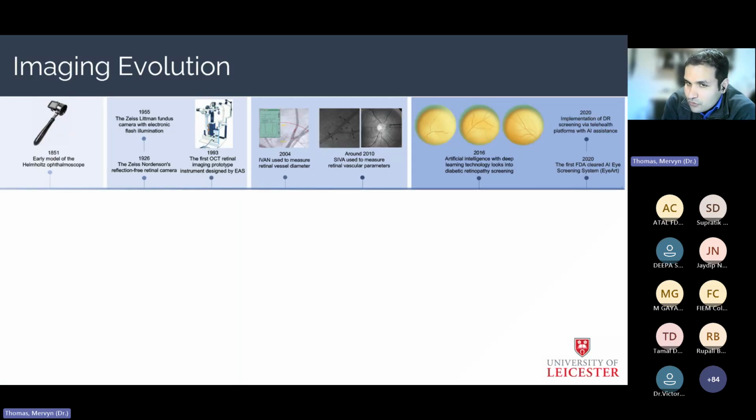And then it was really only in 2004 that we started to do measurements of this vasculature, measuring the vascular thickness, the vessel wall, and things like the tortuosity. There was one particular software called IVAN, and subsequently in 2010, a second software called SIVA, which stands for Singapore Eye Vessel Assessment.